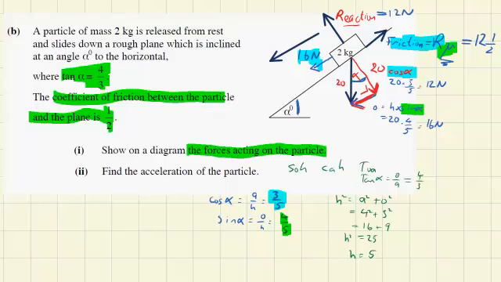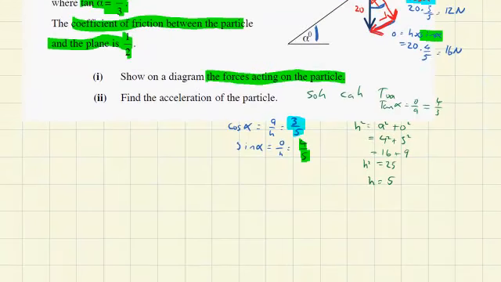So the overall force, and I might make a little bit more space for myself down there, so the overall force, or the net force, will be equal to 16 newtons minus 6 newtons.